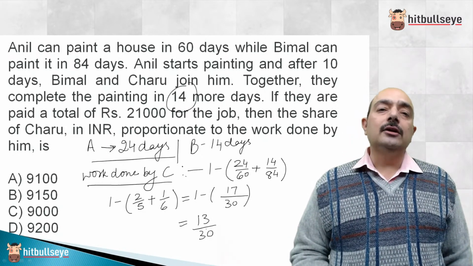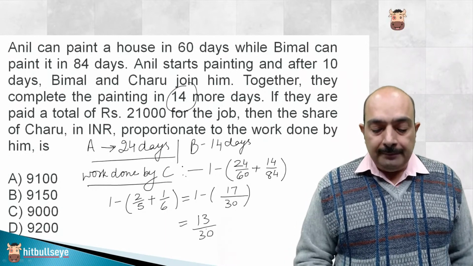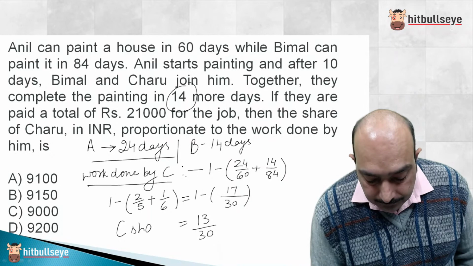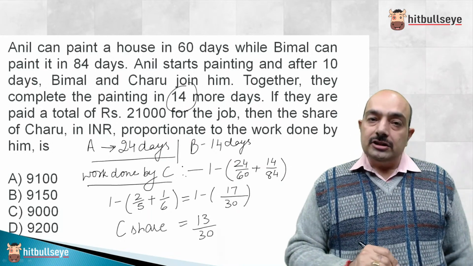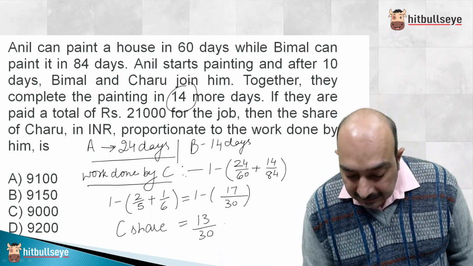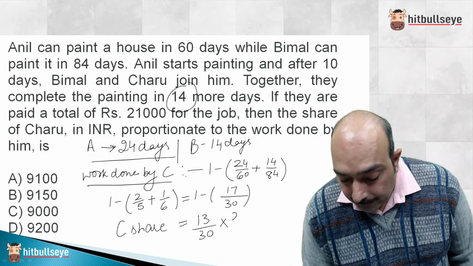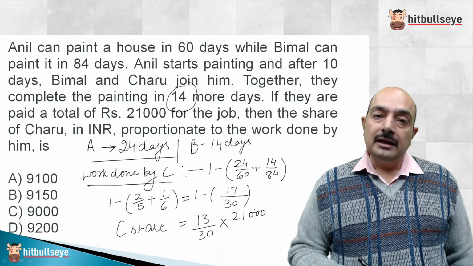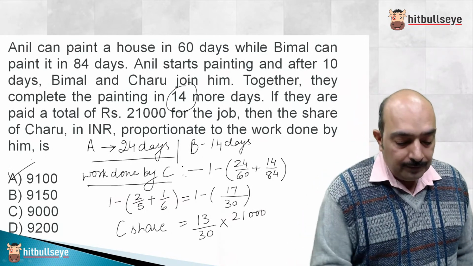Your question is practically over. What is the total payment? 21,000. So can I say now that C's share would be 13 by 30 multiplied with 21,000.